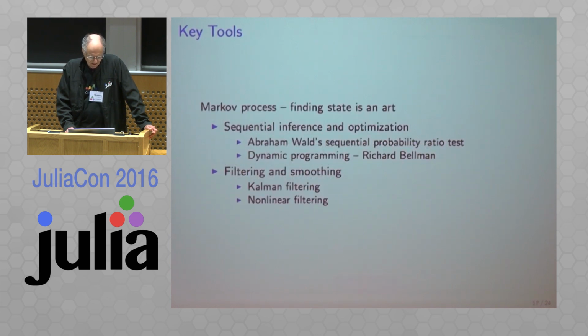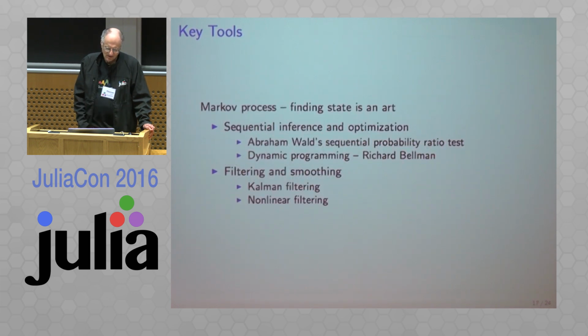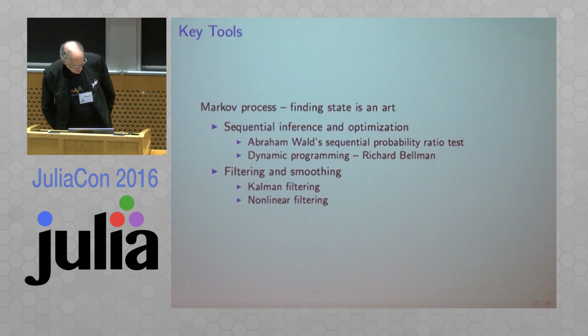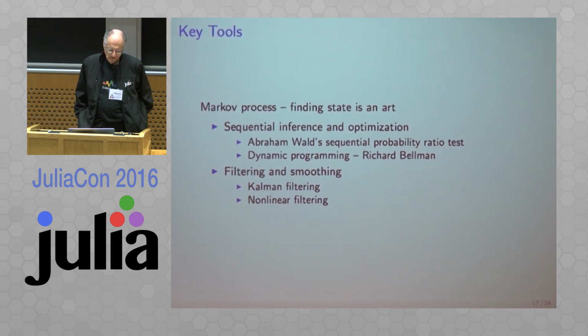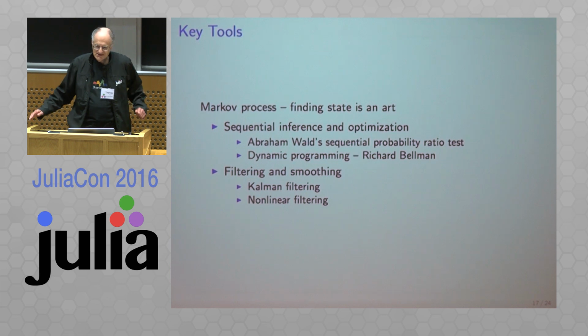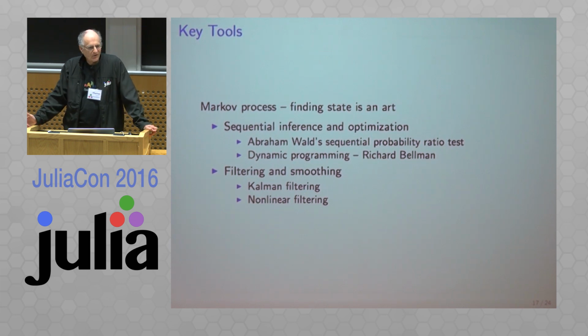So, okay. So what are the key tools that we use to do quantitative macroeconomics? We use Markov processes. And finding the state is an art. The whole deal there is lots of stuff you didn't think was Markov is Markov.